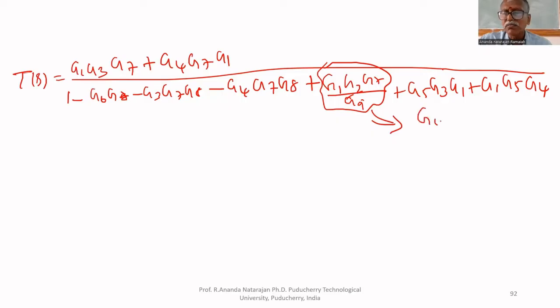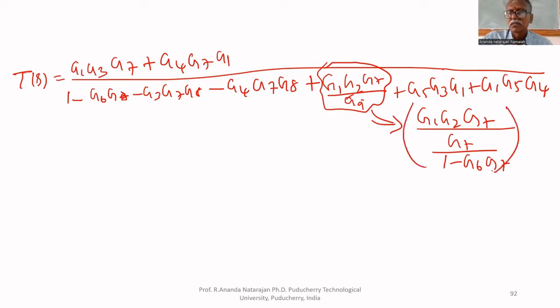this part is equal to G1, G2, G7 whole divided by G9, where G9 equals G7 upon 1 minus G6, G7. G7 is getting cancelled and it becomes the numerator.